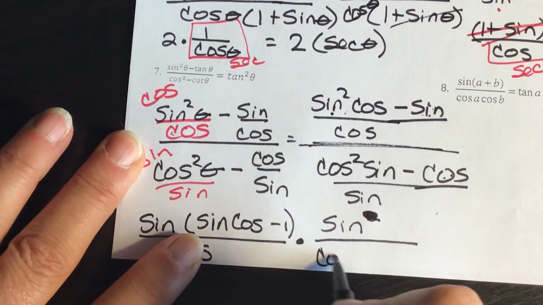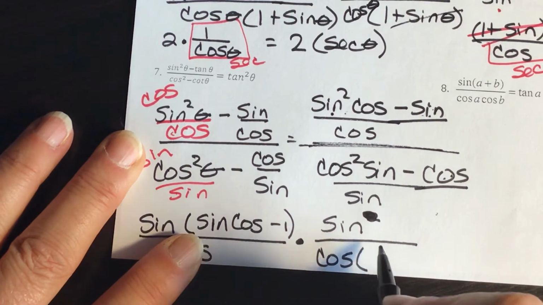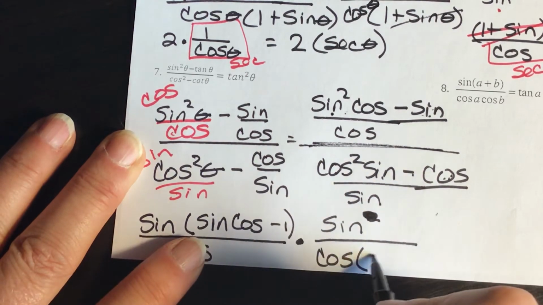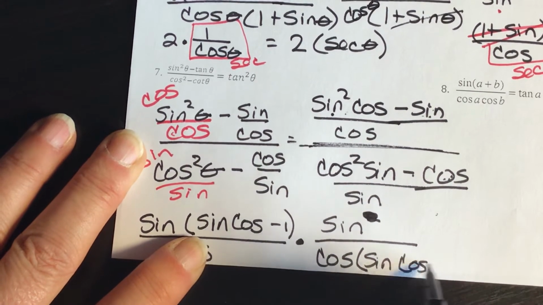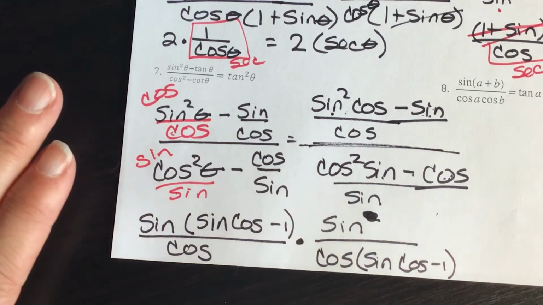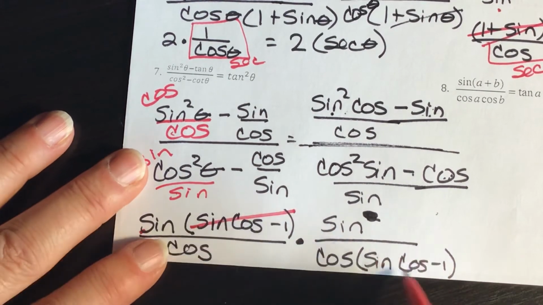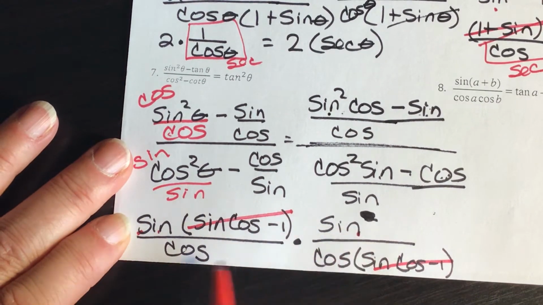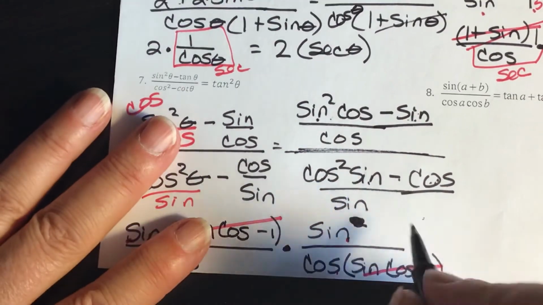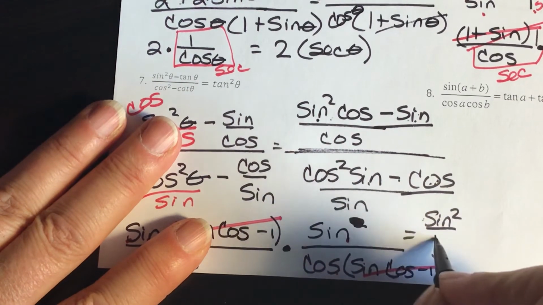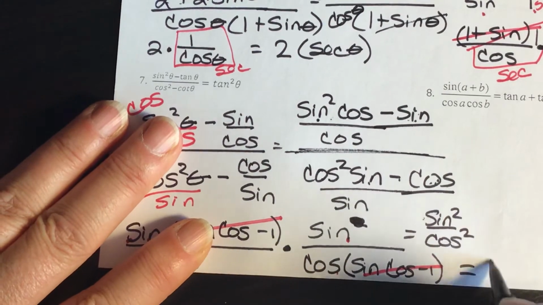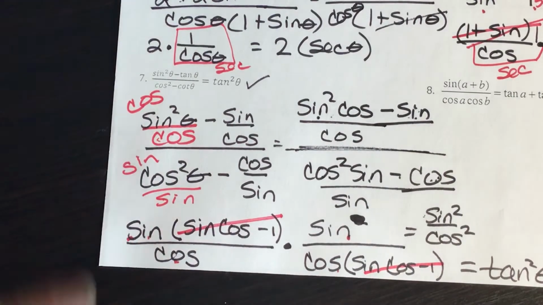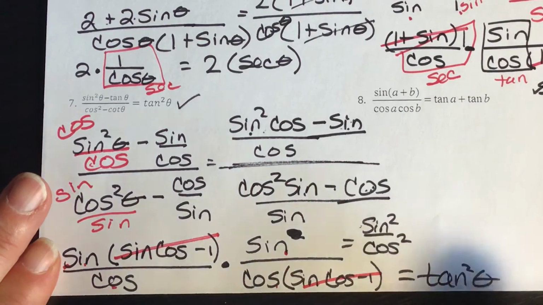So this would be cosine times sine cosine minus 1. Now this will cancel, and I'm left with sine squared over cosine squared, which is tangent, and that's what I wanted. All right, so I wanted that tangent at the end.